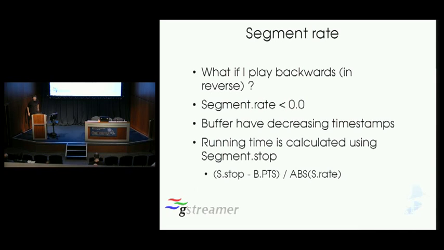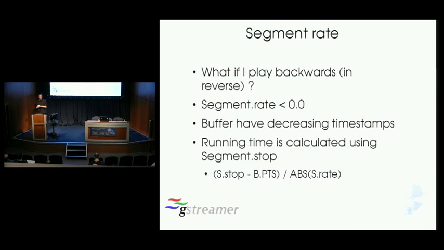Okay. What if I want to play backwards? In this case, the buffers are going to be pushed out with timestamps decreasing. I'm assuming it's coming from the output of a decoder or from video test source. But essentially, the buffers that are coming out have got their timestamps decreasing.